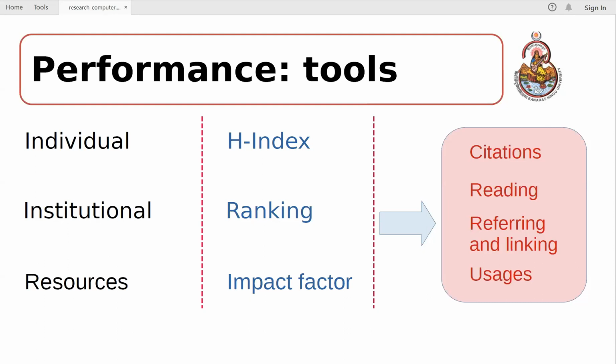The impact factor of your resources like e-journals or websites can also be determined easily in an online environment. So the measurement of efficiency and performance has also improved in this online environment, and it has improved with a lot of transparency.